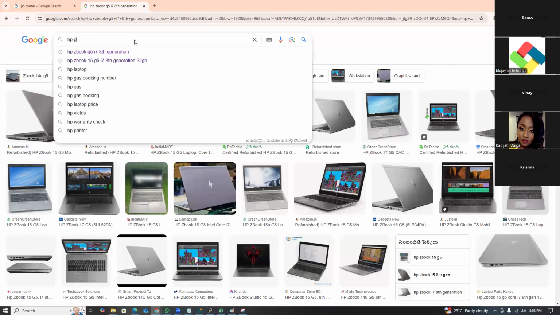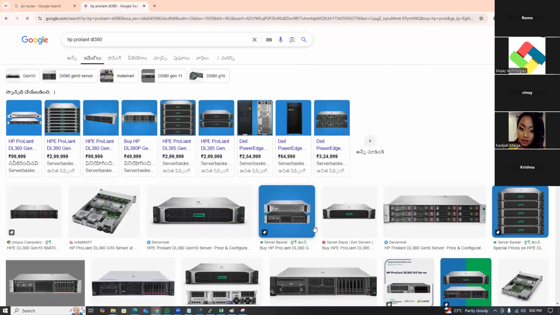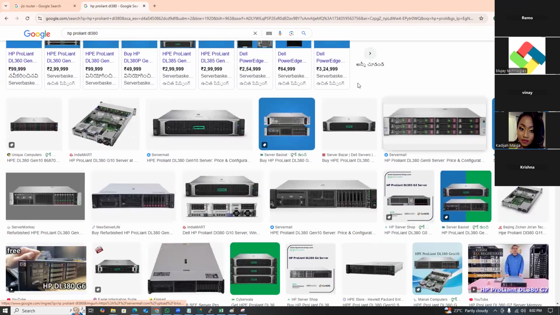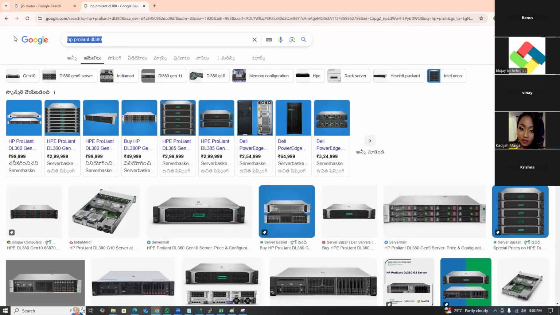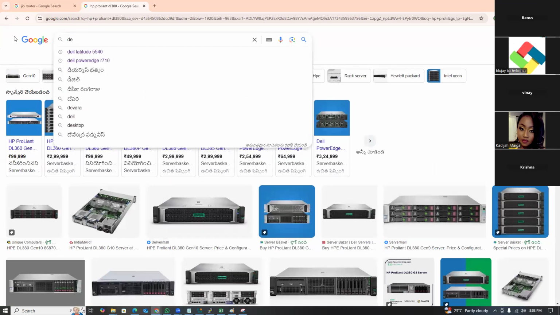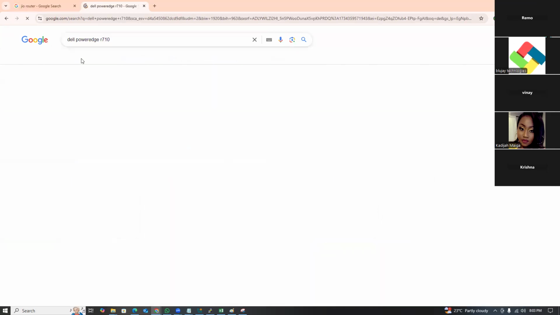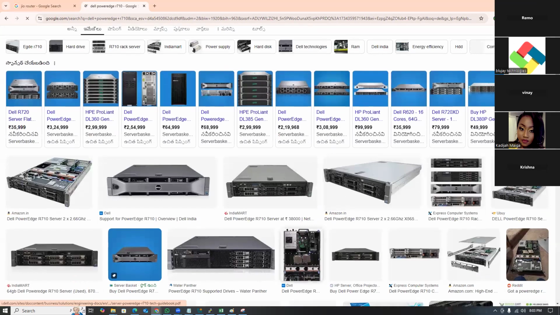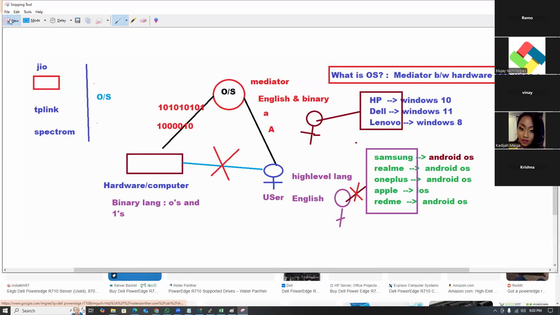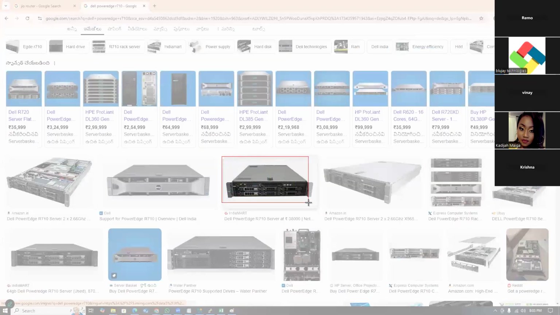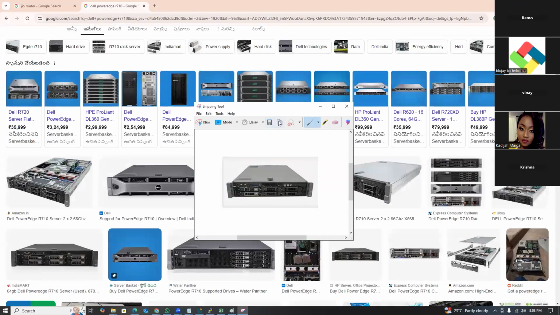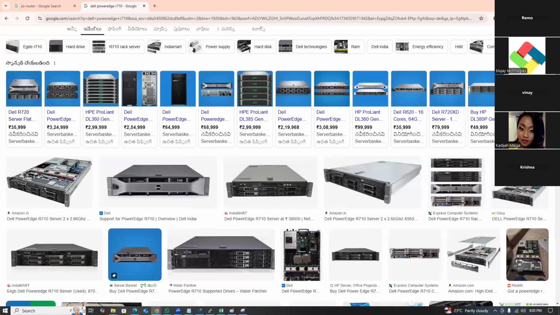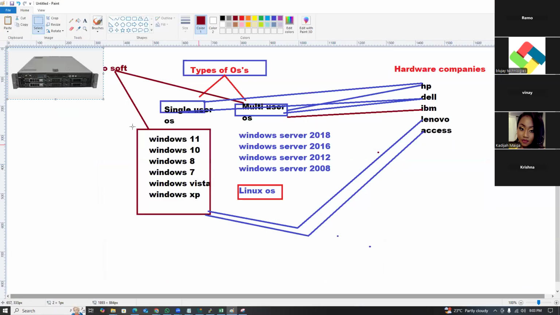And HP ProLiant, what is that, guys? This is server hardware. The same goes for the Dell PowerEdge R710. This is hardware that supports a multi-user operating system. Guys, understood?